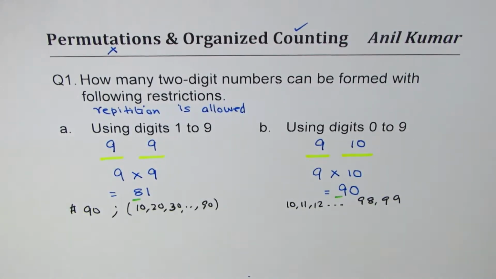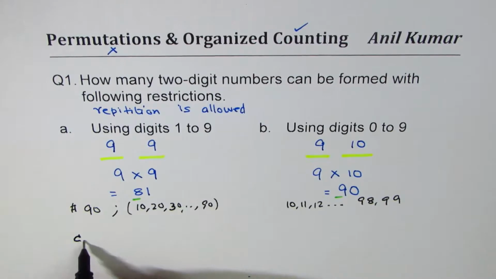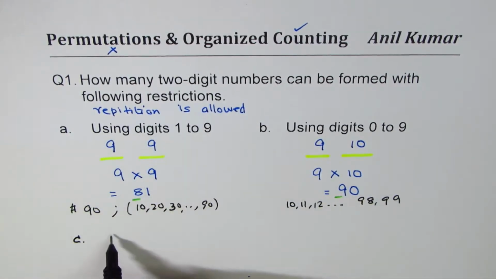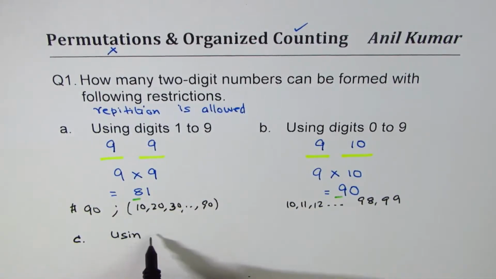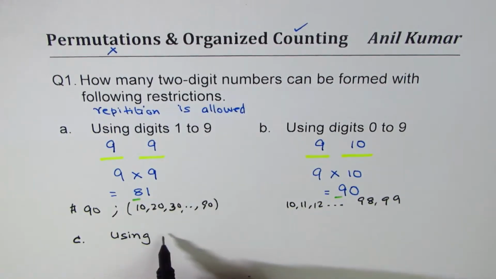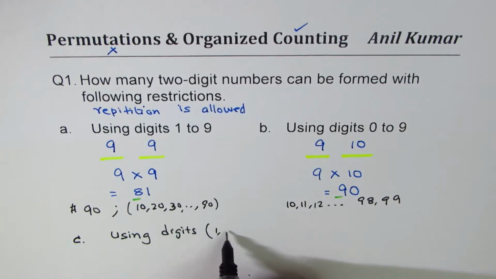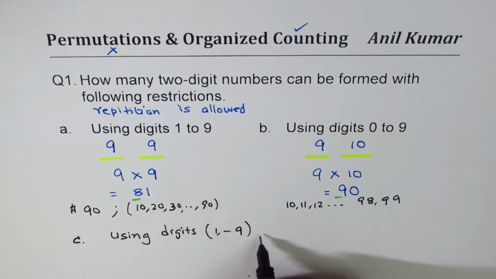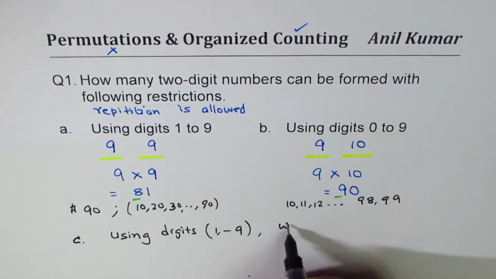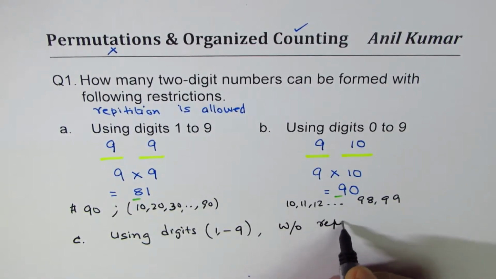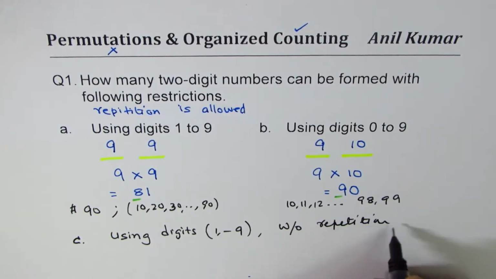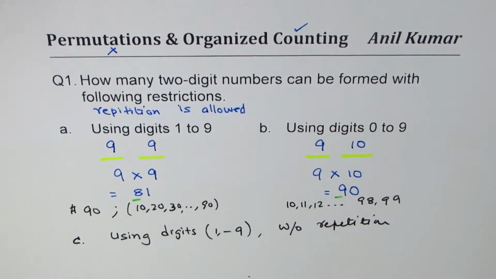Now here is a question for you. Using digits 1 to 9 without repetition, how many two-digit numbers can you make, right? So now I've added one more option.